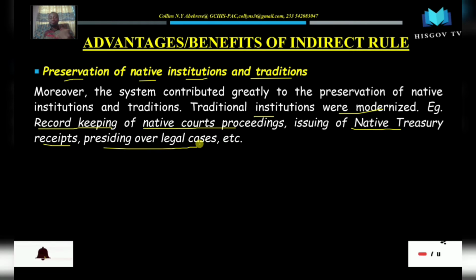So one important thing was that if you go to the archive, for instance, today, you'll get records of all the chiefs that ruled the state, as at the time the indirect rule system was in place. I remember when I was doing my long essay project work at the university, I happened to write the history of a town known as Adansi Brofiodu, somewhere in the Adansi area, Fomena area there.